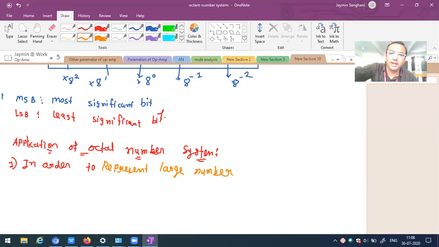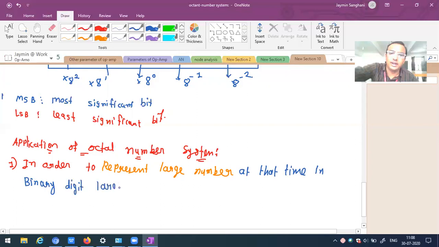at that time, in binary digits, a large number of 1s and 0s is required.